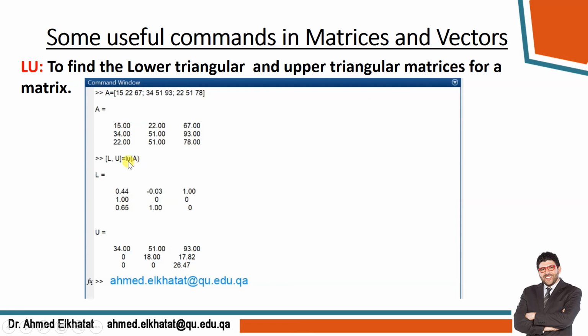In order to show them separately, you put square brackets, L comma U, close the brackets, equal lu of A. L will be shown as the lower triangle and U as the upper triangle. It will be useful later in numerical methods. You will see the LU method to find the roots, so we'll use it later. That's why it's important to show it here.